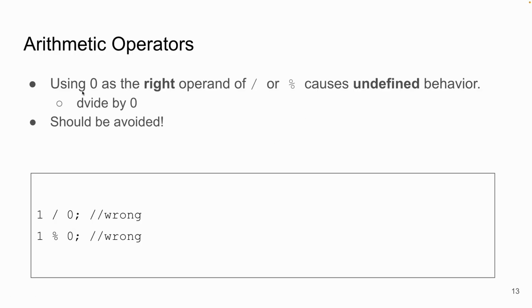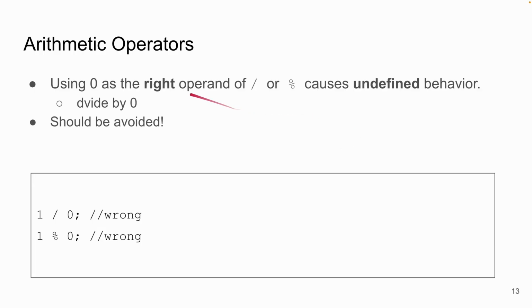And the other thing we need to pay attention to is that if we use 0 as the right operand for division and remainder, then it will cause undefined behaviors. The reason is pretty simple here. I believe you also learned it in math class.